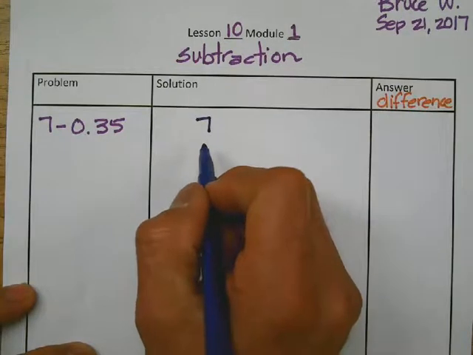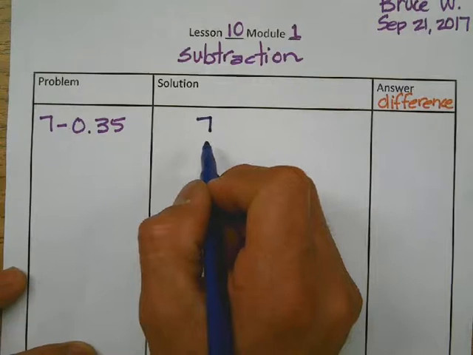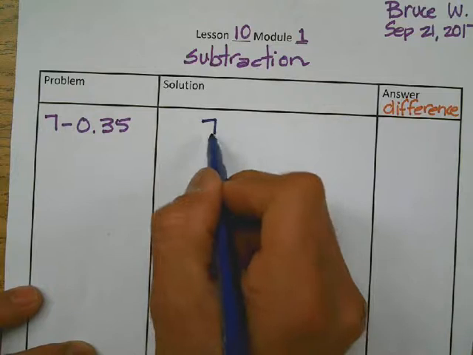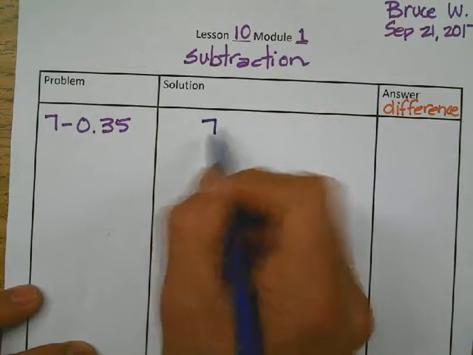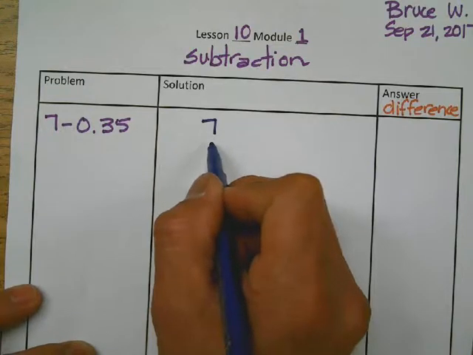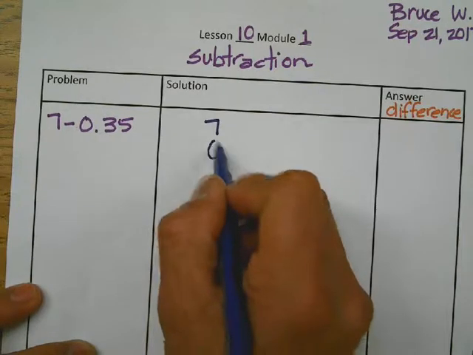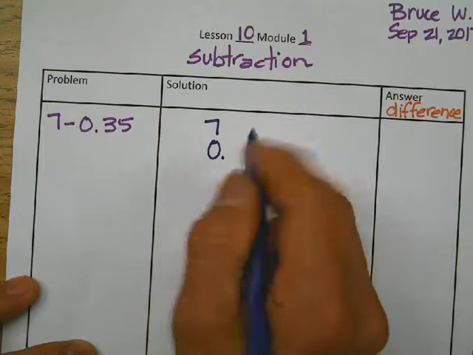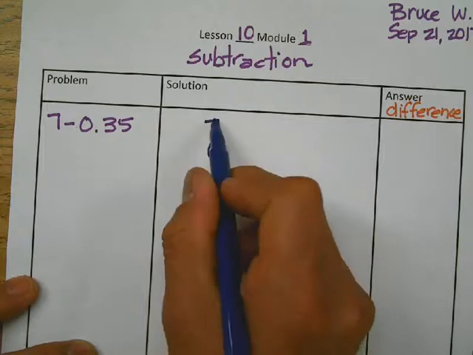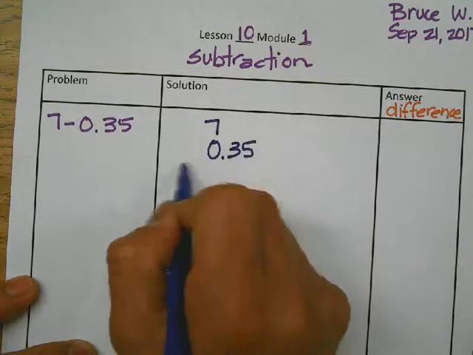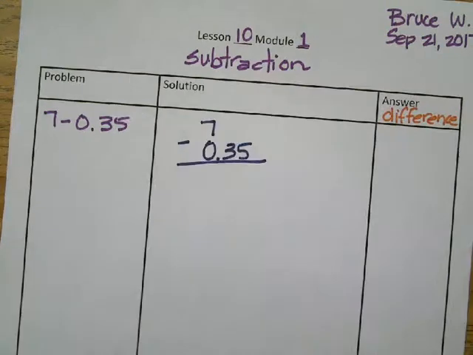So here we go. Now here's where my students were confused. 7 is a whole number, and usually doesn't have decimals. But the number we're subtracting has 0 ones, which goes under the 7 ones, and it has 35 hundredths. I believe my students' challenge was figuring out what to do in this problem.